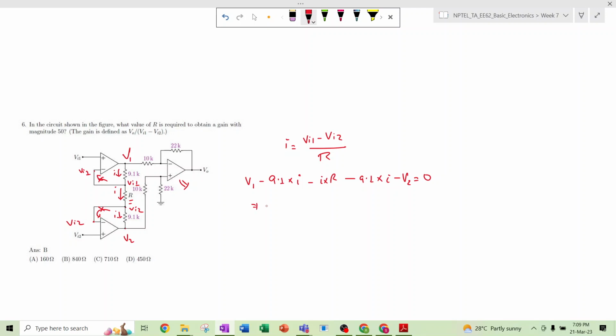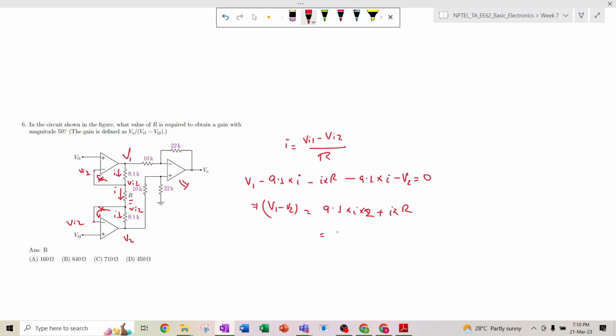So we need to determine the differential input voltage, V1 minus V2. So now V1 minus V2 is what? It is 9.1 into I into 2 plus I into R.